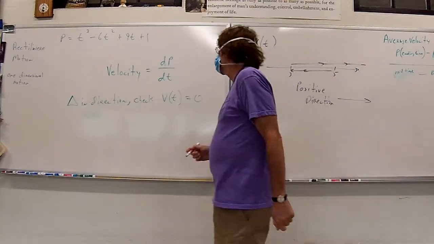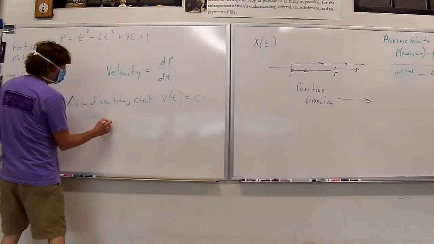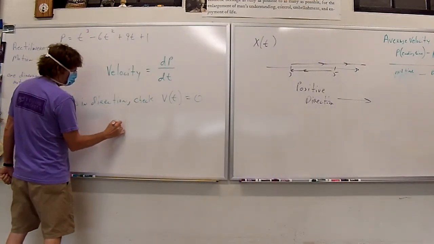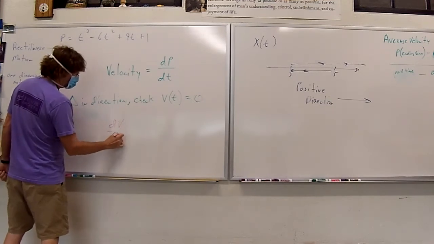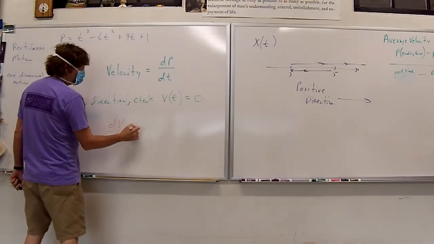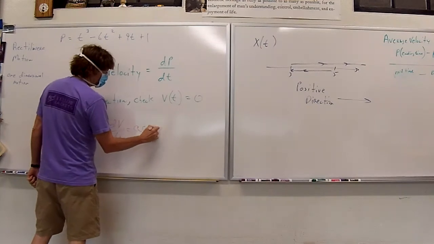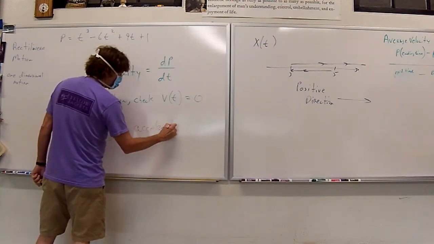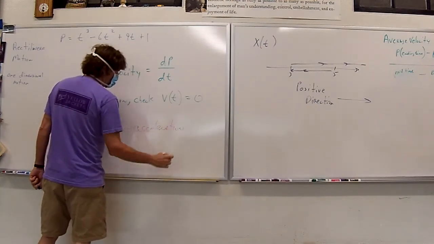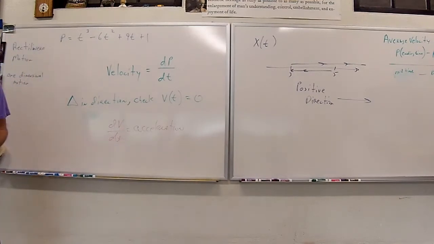The change in velocity with respect to time is called acceleration. For average acceleration, you'd subtract the beginning velocity from the ending velocity, and all that.